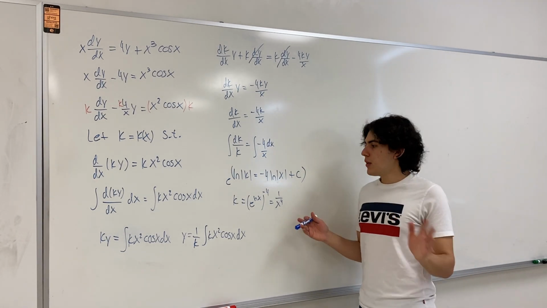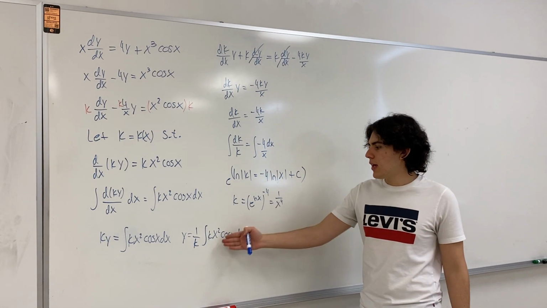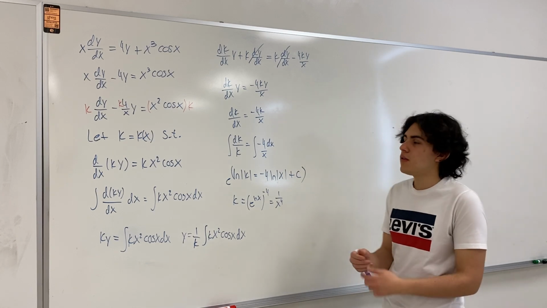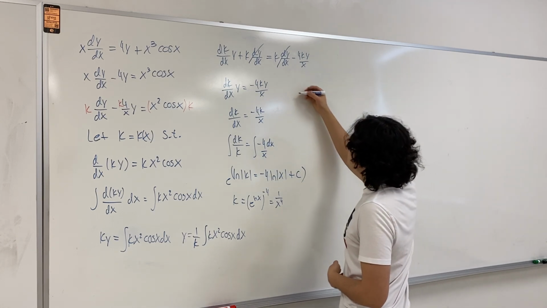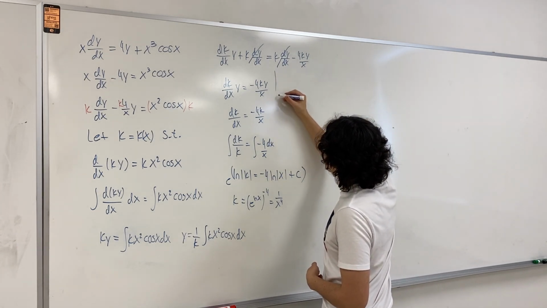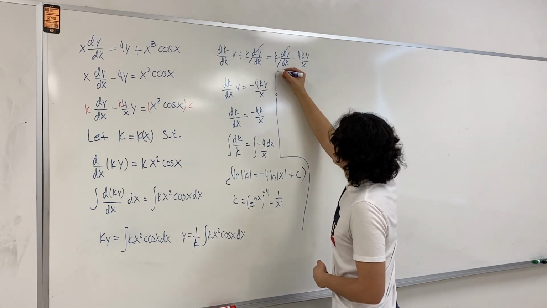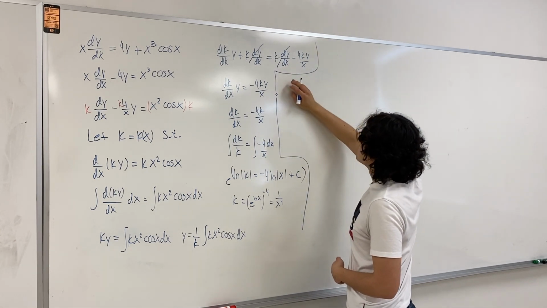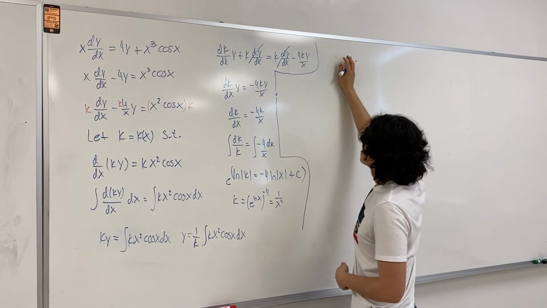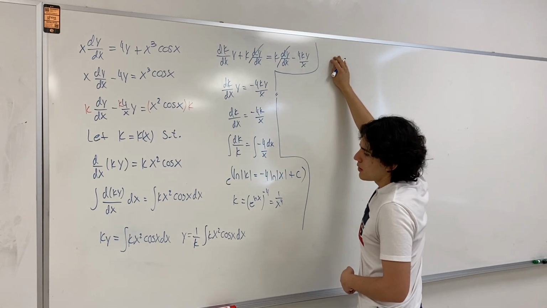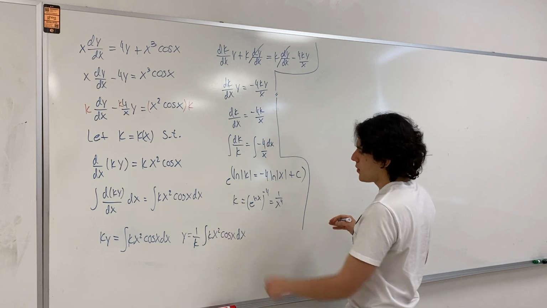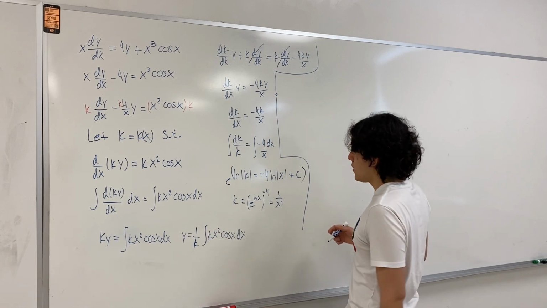And now the only thing we have to do is simply plug k into this equation for y and then solve for y. So just to use the space that I have, I'm going to continue over here. So we have y is equal to that. Now let's simply solve for y.